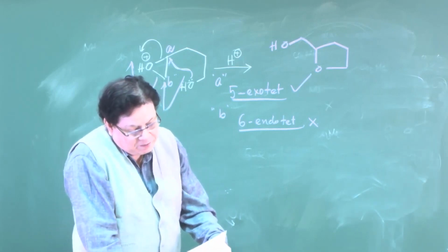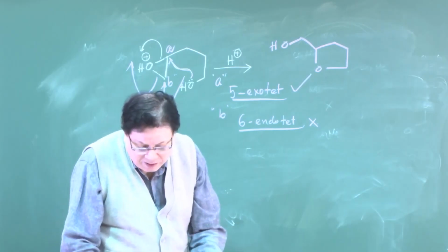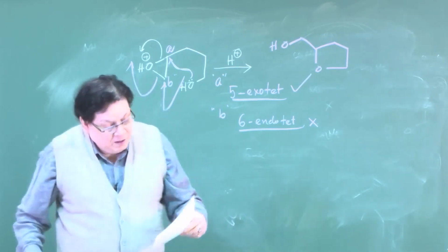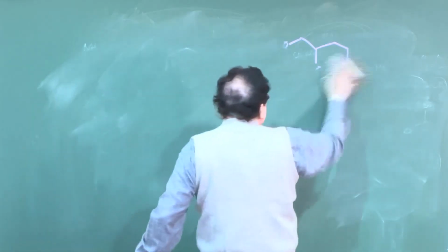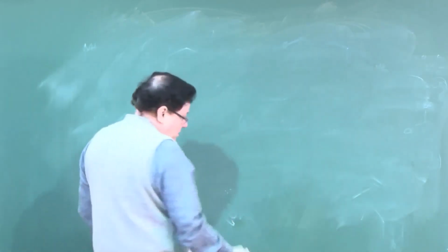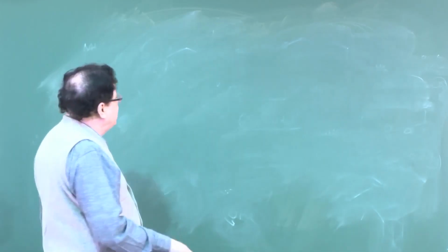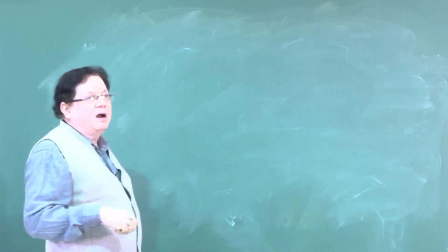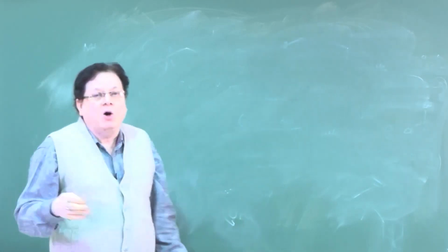Let me try to find out some other cases where you have to adopt new rules, and that is for the enolate cyclization. See, many of the cyclizations are basically cyclizations involving enolates.